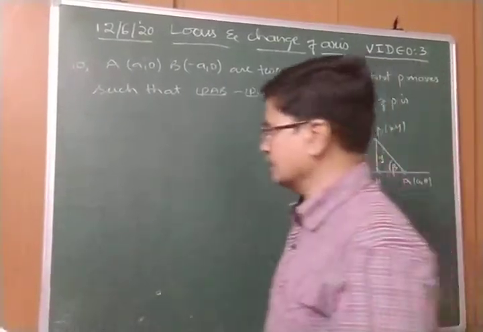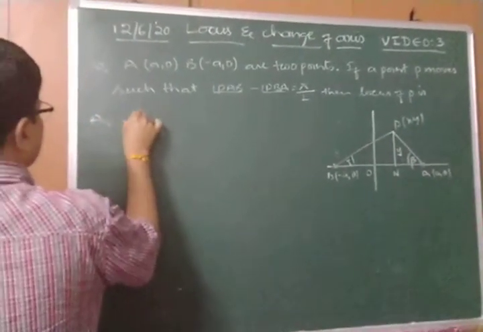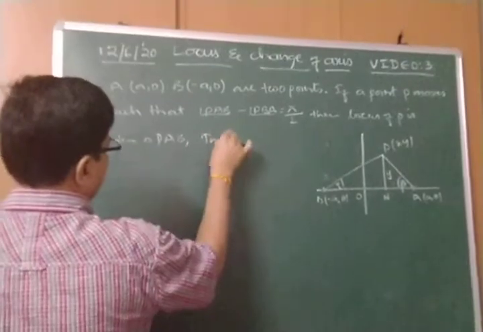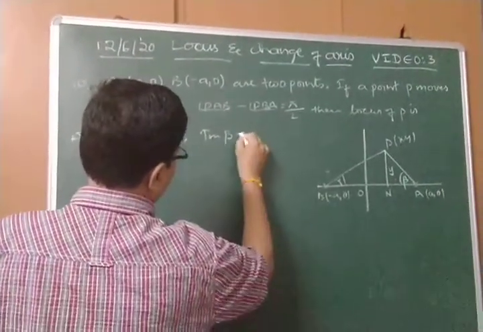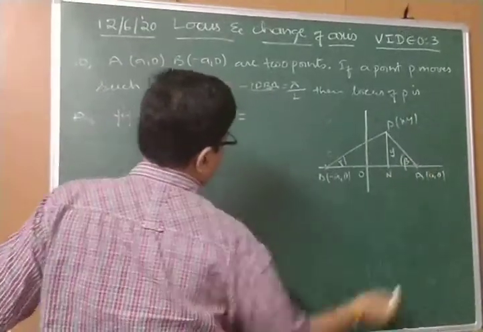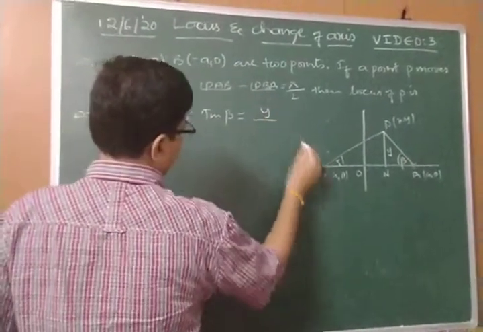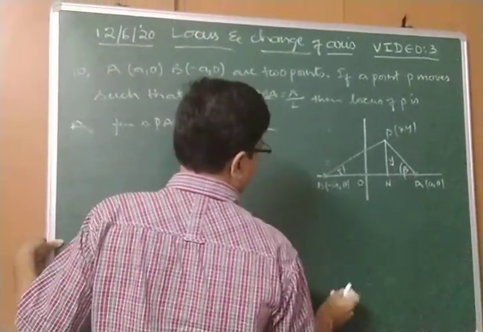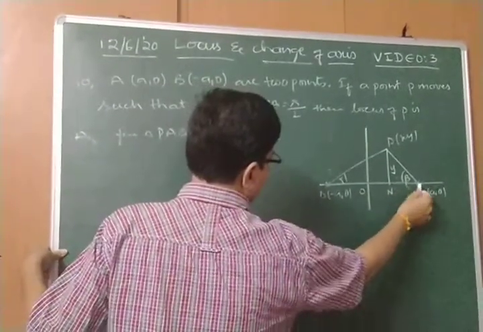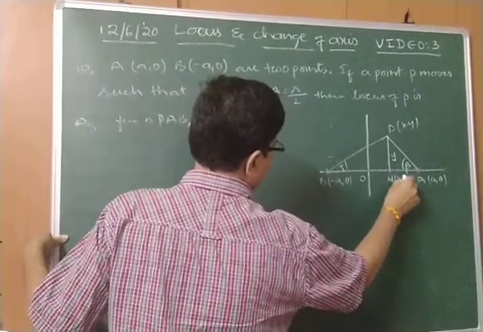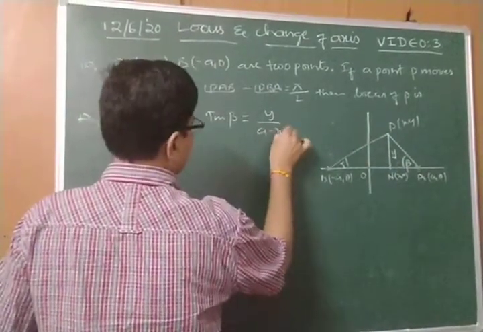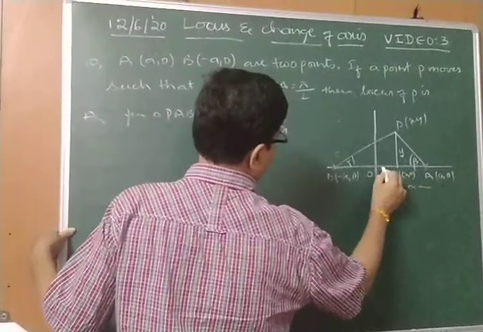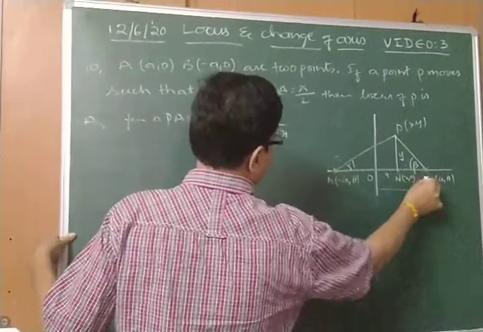So from triangle PAB, tan beta is equal to the opposite side PN by NA, where PN means y, and the distance NA is the distance from origin to A, small a, minus x. So a minus x is NA, since this is small a and this is small x.